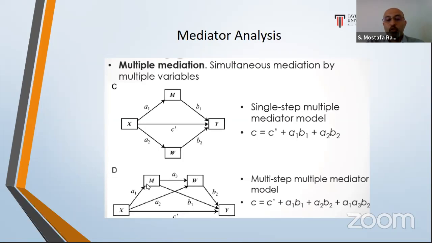We have two parallel mediators between X and Y. So we have different terms to explain indirect effect. Here we have three indirect effects. Effect of X on M, so A1, effect of M on Y, so it's A3, B2. And the effect of A1, A3, B2. So we have two mediators between X and Y.